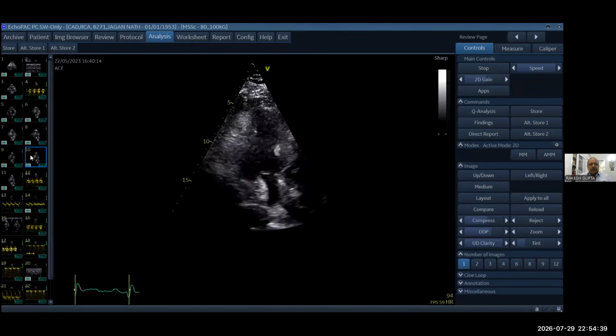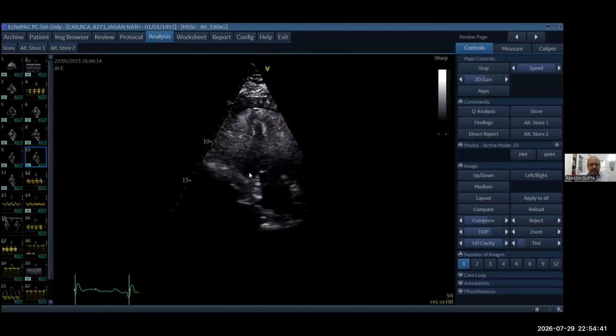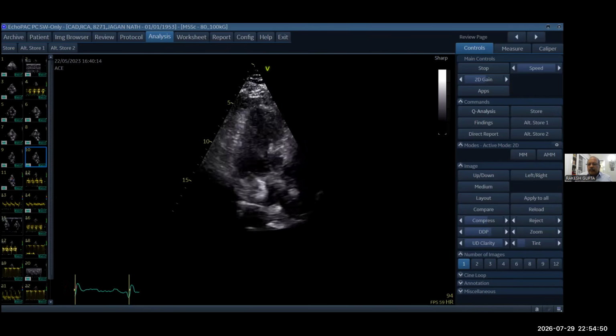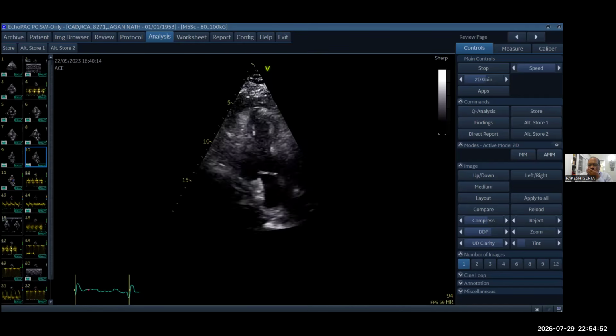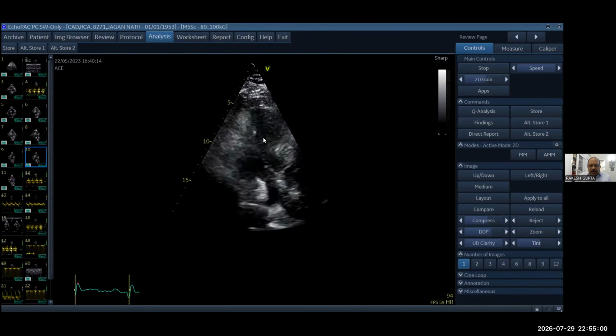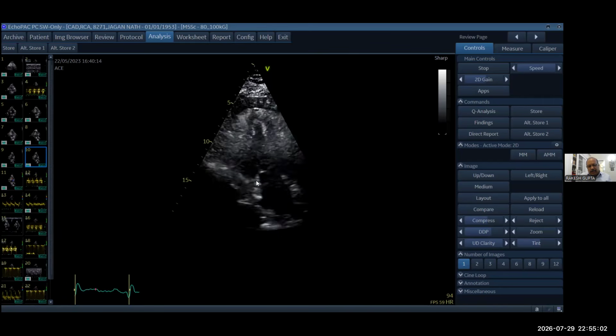Again, not very good images, but you can see this segment is almost a ballooned out segment. Basal posterior wall. Now you can see this segment contracting very well. This is hypokinetic, this is akinetic segments.